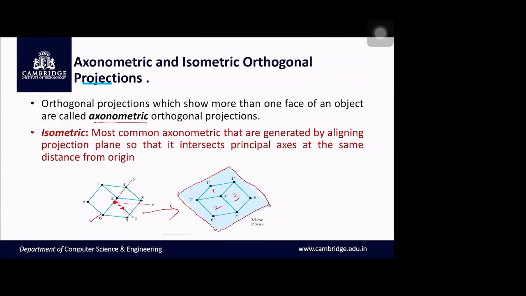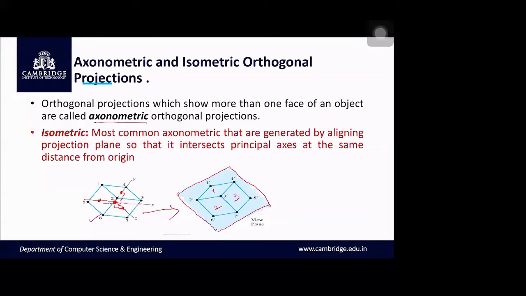The distances along the principal axes onto the projection planes are all the same. That means we call it an isometric projection, an orthogonal projection under axonometric.